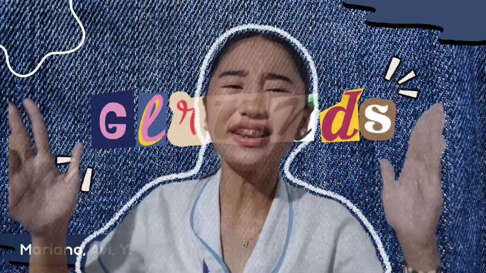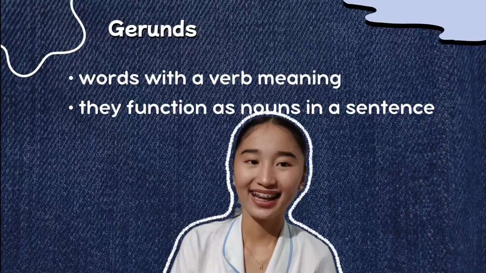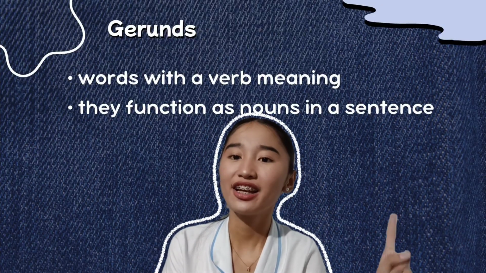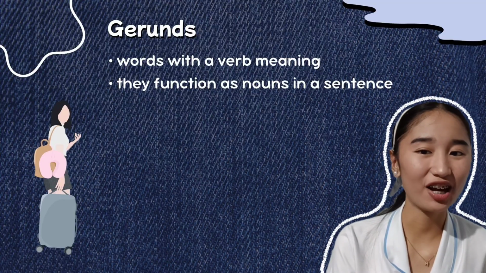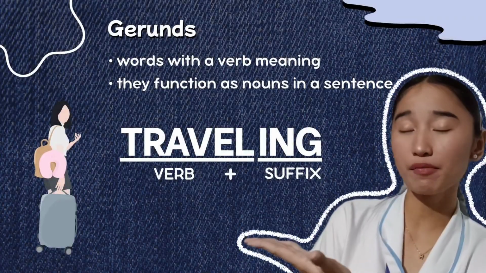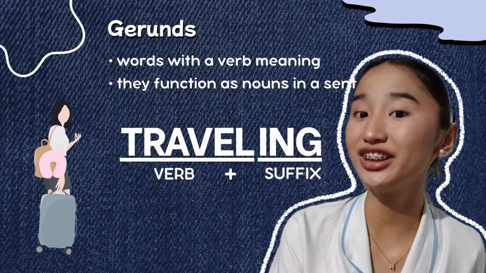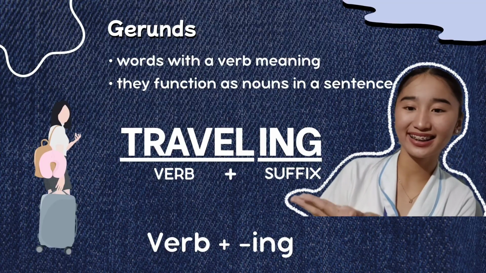But what is a gerund? I think you get the idea. Gerunds are formed by adding -ing to the base form of the verb. They function as a noun. In this word, travel is the verb plus the suffix -ing, or the gerund. That's the formation of traveling.